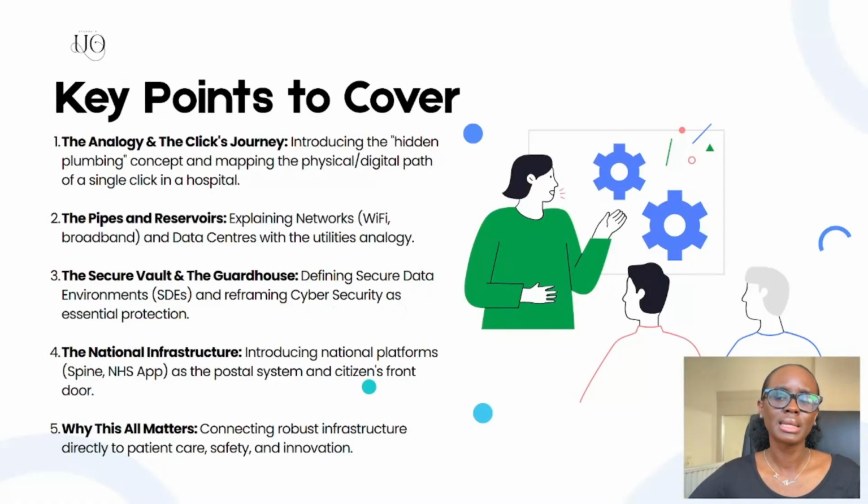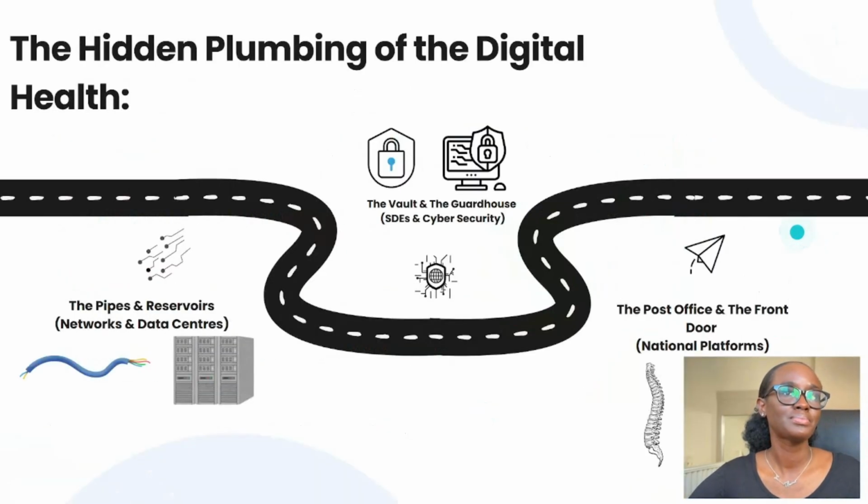We'll also look at the national infrastructure. So I'll introduce you to platforms like Spine, the NHS App, and we're going to refer to them as the postal service, your Royal Mail, and the citizens' front door, your own front door. And I'm going to explain why all of this matters.